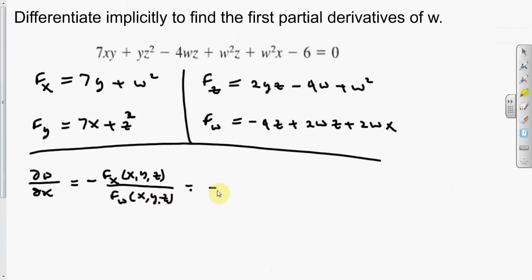So this is negative f sub x, that's 7y plus w squared over f sub w. That's a long one there. Negative 4z plus 2wz plus 2wx. Now, you can hide that negative if you wanted to.